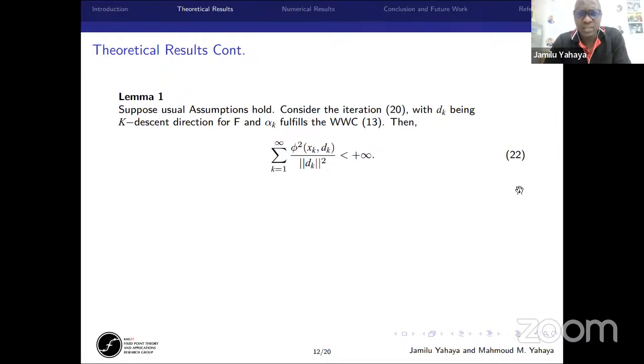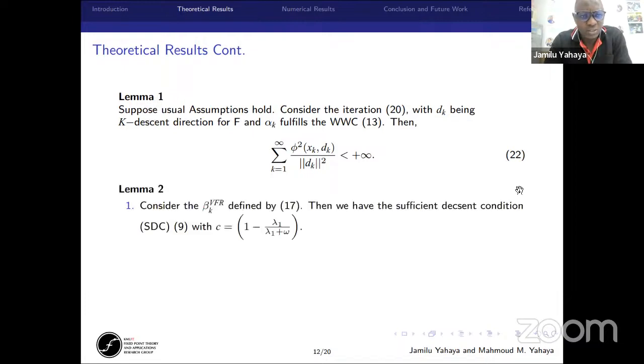Then inequality 22 is what we call the Zoutendijk condition in these settings. The next lemma shows the sufficient descent condition satisfied by our variant of FR, where the sufficient descent condition is satisfied with C equal to this constant.